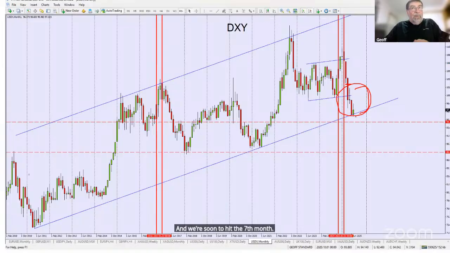Coincidentally or otherwise, we are at what I call an inflection point, certainly at the bottom of that channel, right? And here's where I get excited because this is now telling me that we are at an inflection point and something will happen here. Whether that is a bounce to the upside or whether it is a break to the downside.